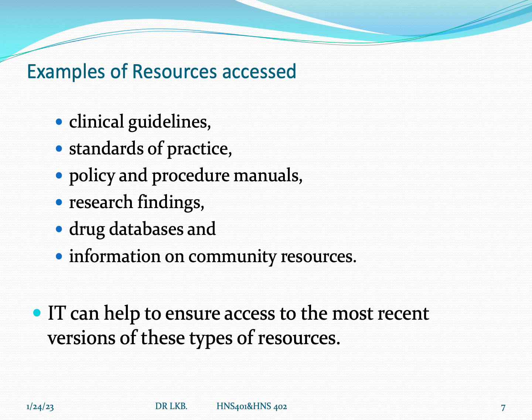When we talk about resources access using health informatics, we not only talk about clinical guidelines, we also talk about standards of practice, the policies and procedure manuals, the research findings, the drug databases, information on community resources. And IT helps ensure that we have access to the most recent versions of these types of resources.